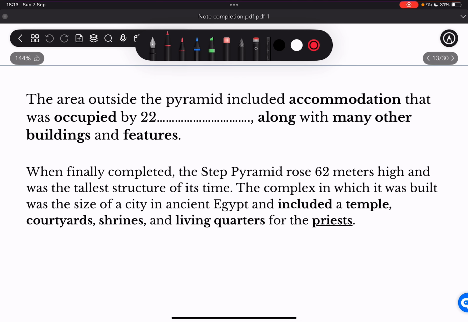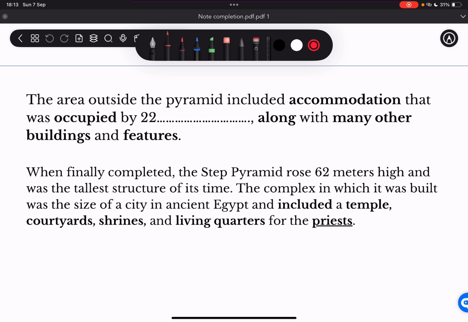Okay. The area outside the pyramid included accommodation that was occupied by, along with many other buildings and features. Alright, keywords here we've got accommodation, occupied, and many other buildings. In the next part of the text, we actually see after the ancient city, we have the continuation of the sentence: included a temple, courtyard, shrines.